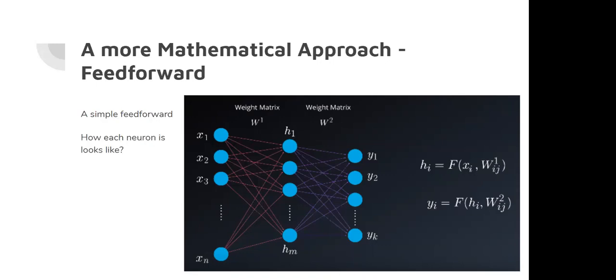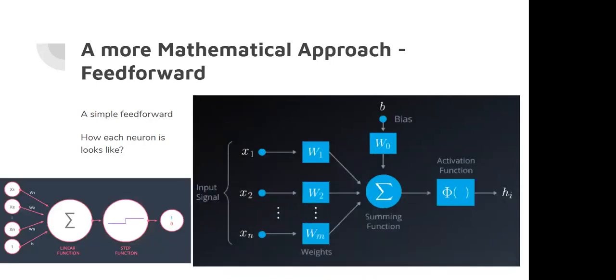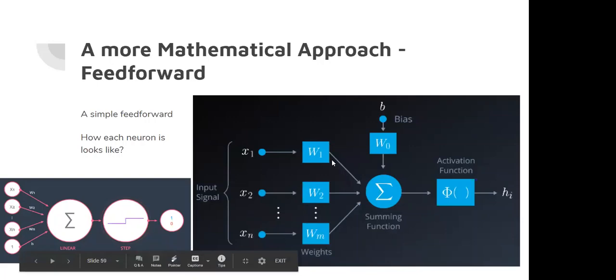Okay, so how does each neuron look in this case? The way each neuron looks is this. You have a summing function, which is basically calculating Wx plus B. Don't forget that. You have the inputs all the way from x1 to xn, you have these weights, and you have the bias. This is where Wx plus B is being calculated, all in vector format now.